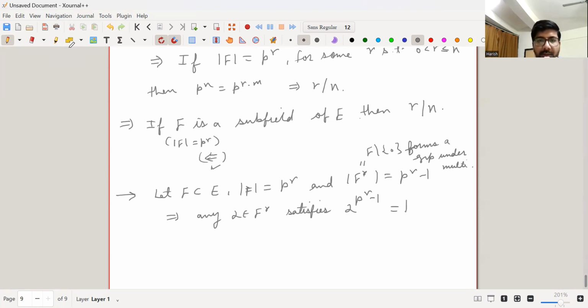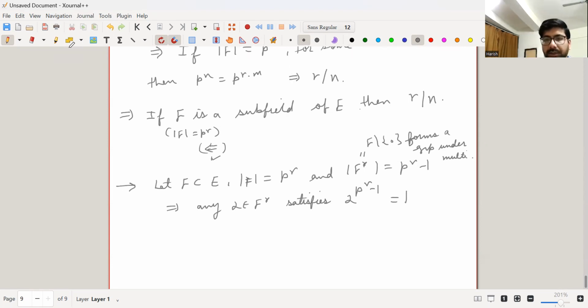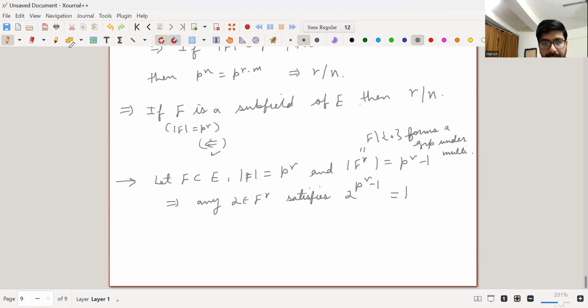Because it's the order of the group F star, for any g belonging to G, g raised to the order of G is equal to the identity of G, right? So alpha to the p^r minus 1 equals 1, and this implies that alpha is a root of t raised to p^r minus 1 equals 1.